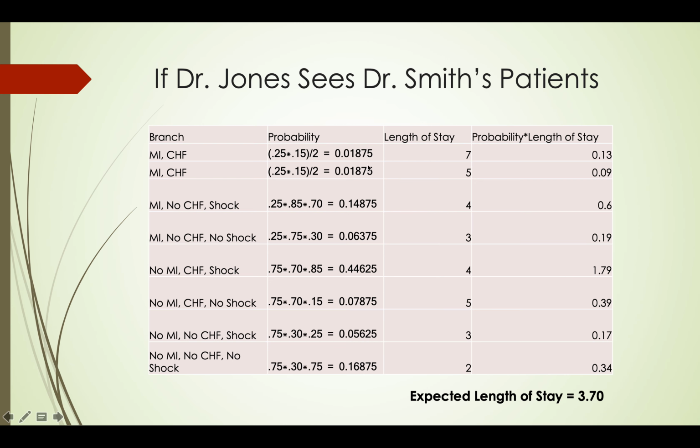We have the same length of stay column that's been there, and then we just multiply the probability by the length of stay to get this value, and we add these together to get this expected length of stay, which is 3.7. And that's it.